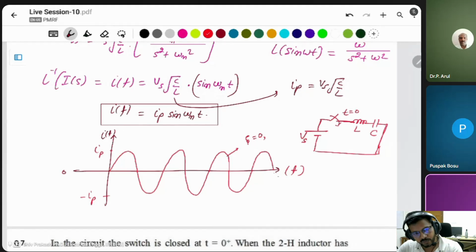If a DC voltage source is connected through an inductor and capacitor, then the current of the circuit is sinusoidal, not a DC current. The DC voltage source is converted into a sinusoidal current if there is no resistance.